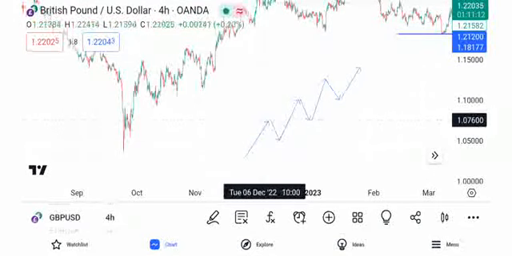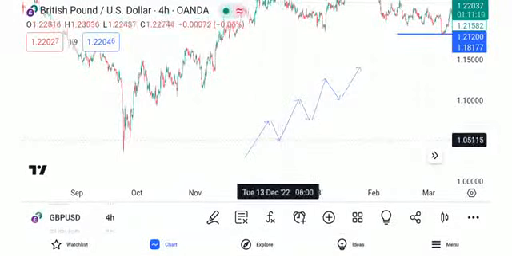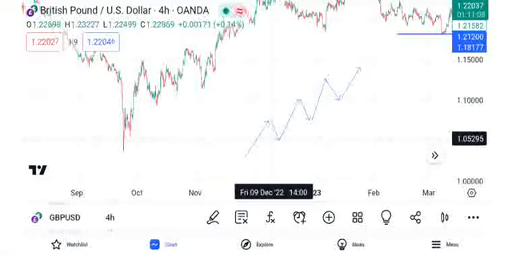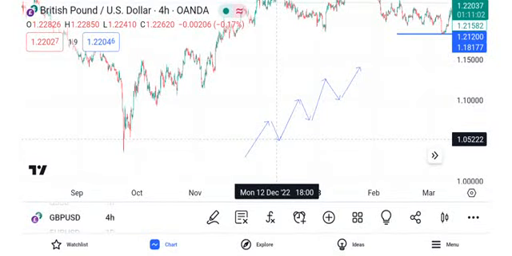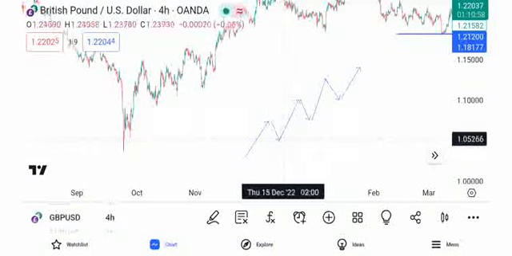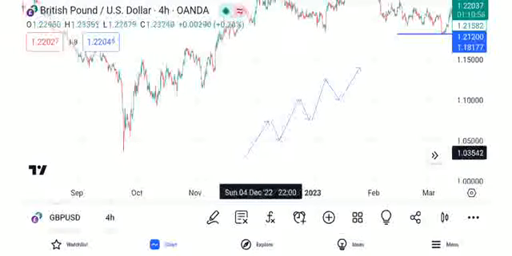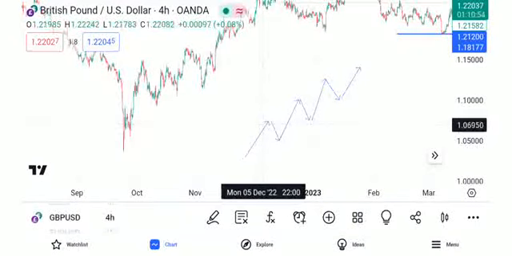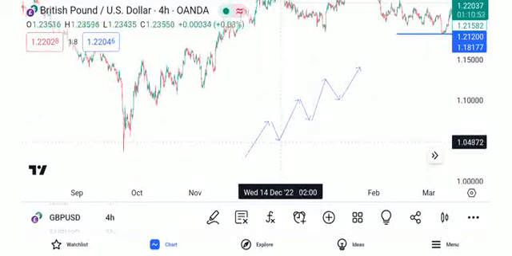Now don't forget we have a higher low around this area here, this down place. Sorry, we have a higher low. I'm sorry, guys. We have a higher low around this area here, because once the market makes a higher high, it pulls back and makes a higher low.